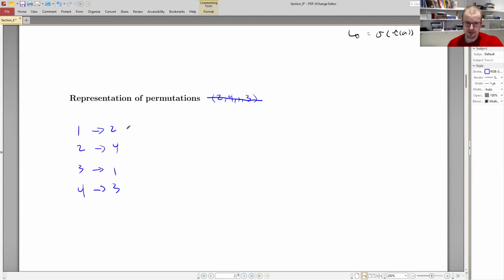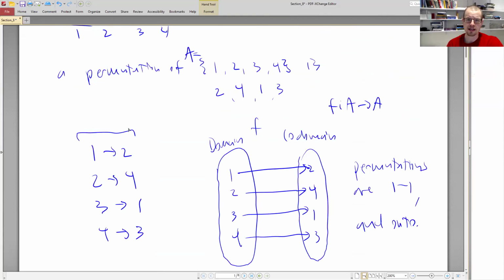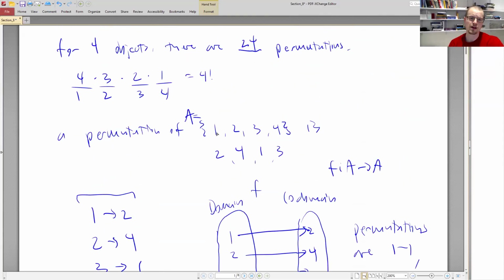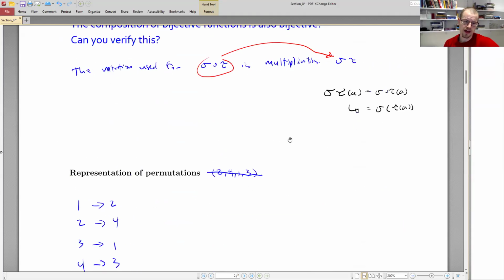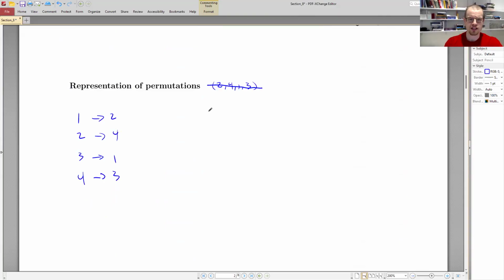Let's take actually something a little bit more similar to what we did in our first video, where I wrote down the original arrangement, 1, 2, 3, 4, and then below it wrote 1 is mapped to 2, 2 is mapped to 4, 3 is mapped to 1, 4 is mapped to 3. We can do that presentation. So I can take my 1, 2, 3, 4, and I can recognize that I am mapping them as 2, 4, 1, 3.